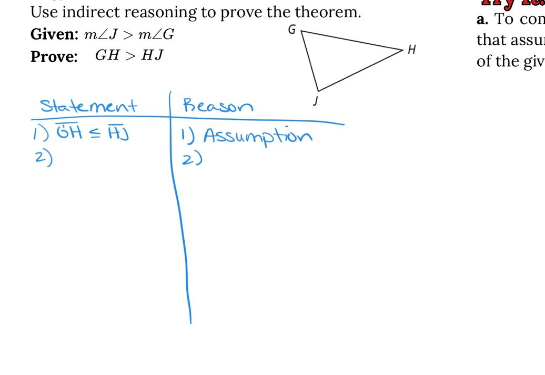Okay, because of that assumption, that means that GH could equal HJ by definition of congruence. Okay, if GH equaled HJ, that would mean that triangle GHJ is isosceles.